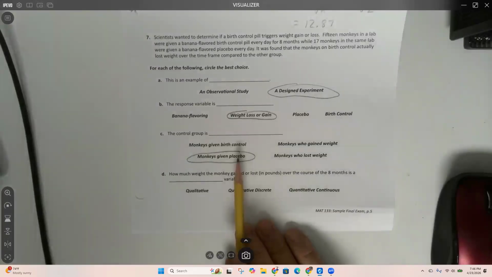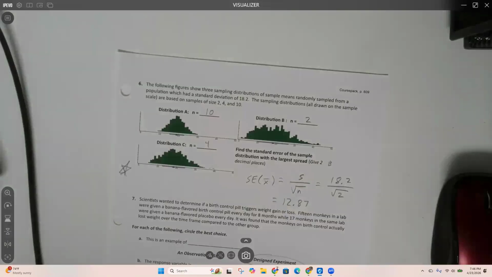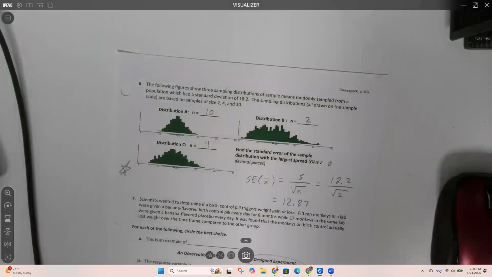I do my random sample, and I inject all 100 with the vaccine. And of those 100 people, let's say that two of them end up getting sick. That means that I have a 98% effectiveness on my vaccine. Only 2 people got sick, so a 2% sickness rate. Is my vaccine good or not? I don't know. I don't have anyone to compare that to.